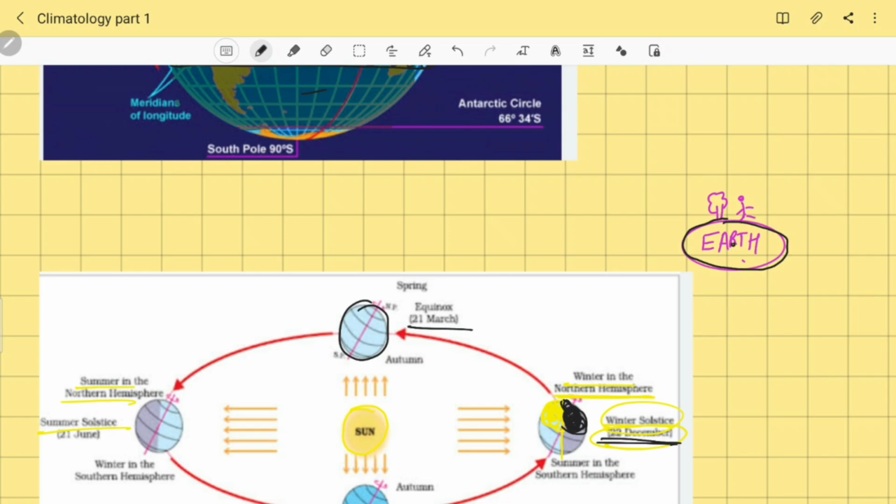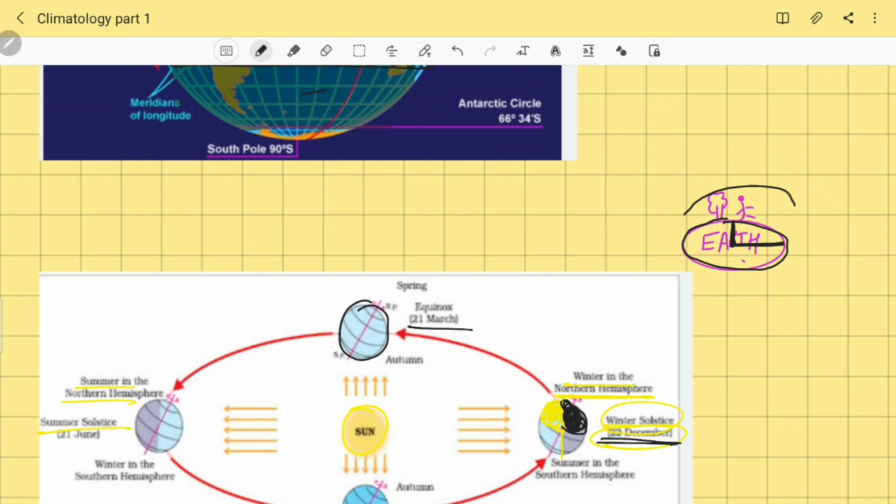So if you're here in the middle of the earth, see the distance from center till the pole and distance from center till the equator end. See, this is more, right? As a result, the gravity is less here, so the troposphere extends to greater heights, and near pole the gravity is more. That's the reason the gravity pulls the air towards it and keeps it. So the troposphere extends till 8 kilometer.